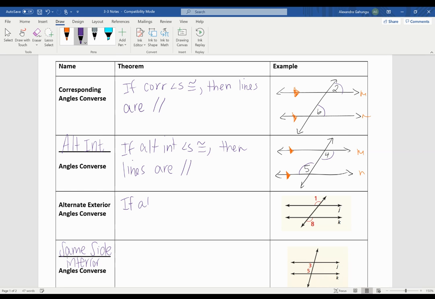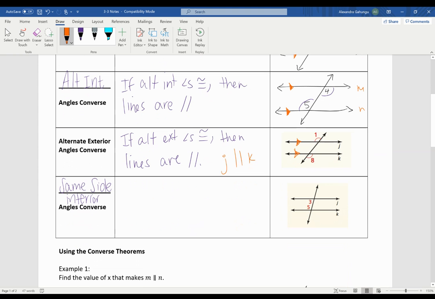So if our alternate exterior angles are congruent, then our lines, and in this case we've got J and K, our lines are parallel. So then I can say this guy's parallel to this guy. We can write it here, J is parallel to K.